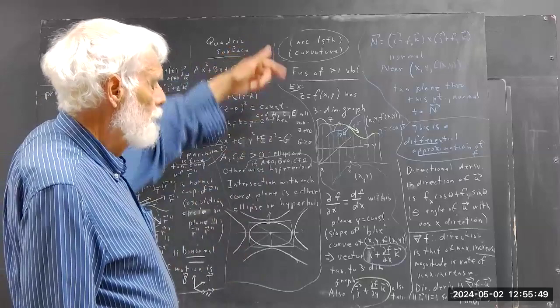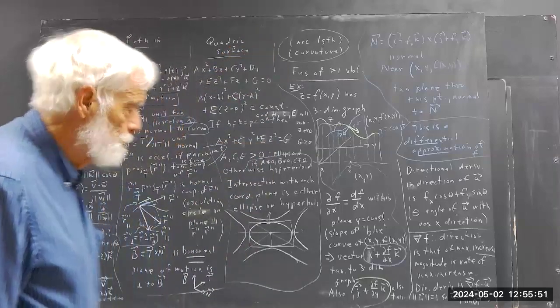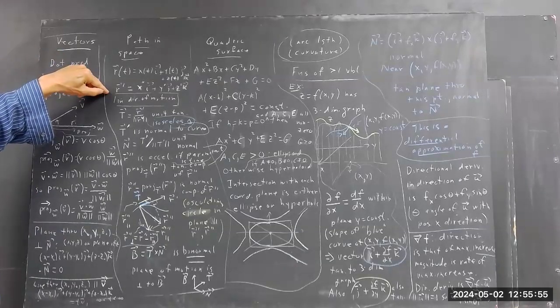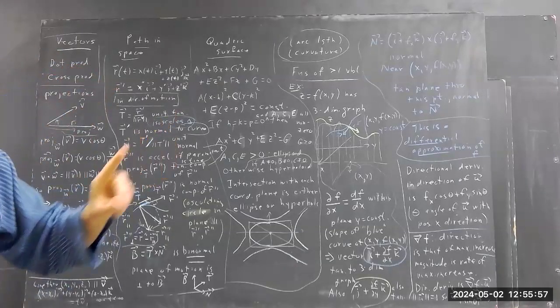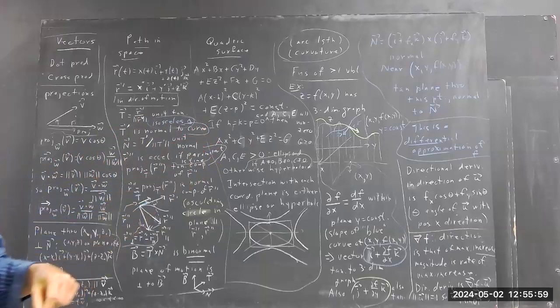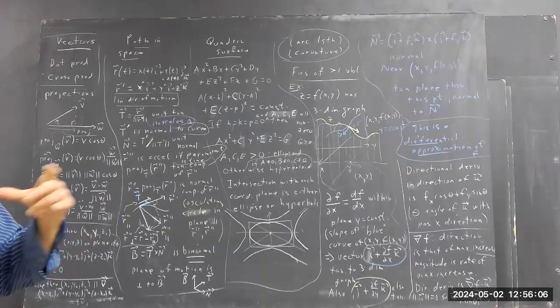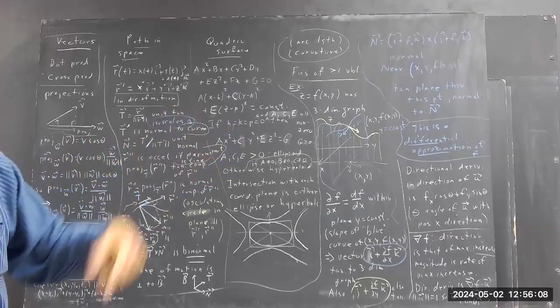Arc length is basically, you're just integrating the magnitude of r prime between two points. Because r prime is like how quickly you're moving between those points. You integrate that over time, it tells you how far you've moved.